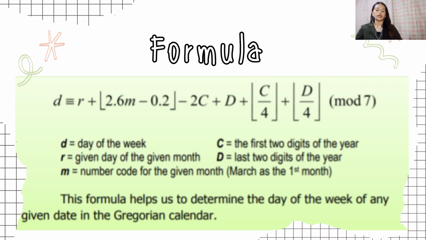In the formula, D is the day of the week, R is the given day of the given month, M is the number code of the given month, which we had earlier, C is the first 2 digits of the year, and d is the last 2 digits of the year.